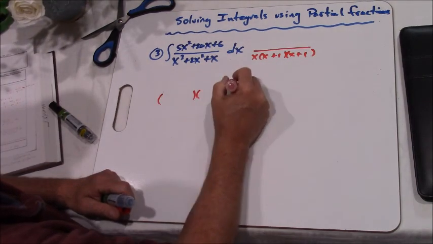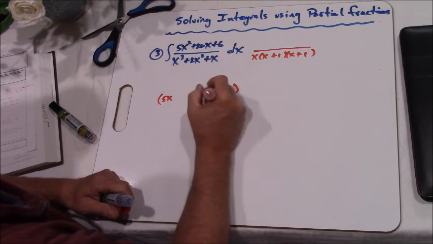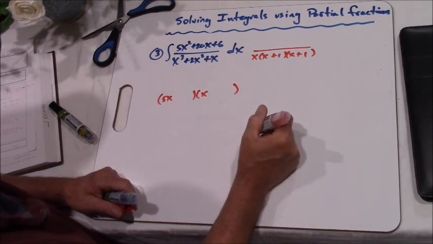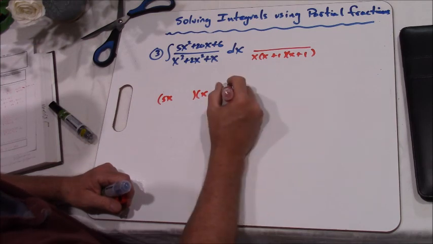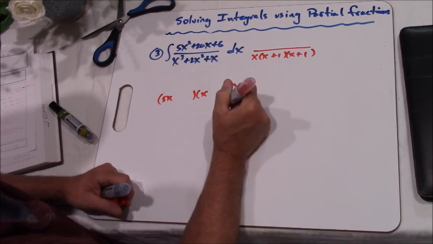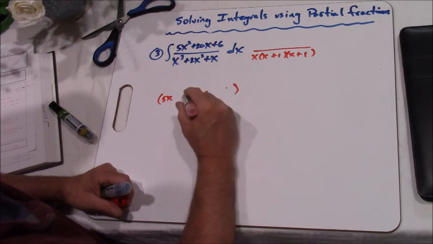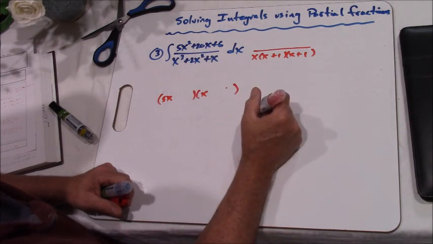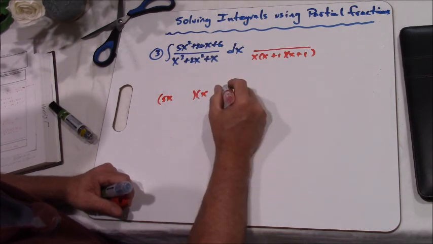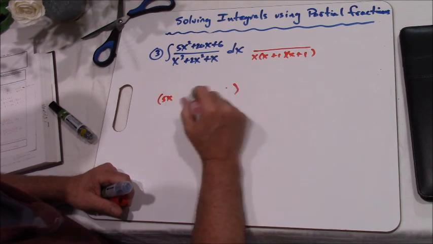Let's see, if I go 5x and x, and if I go 3 and 2, that'd be 15x, and 2x does not add up to 20. If I go 6 and 1, that'd be 30 and 1.